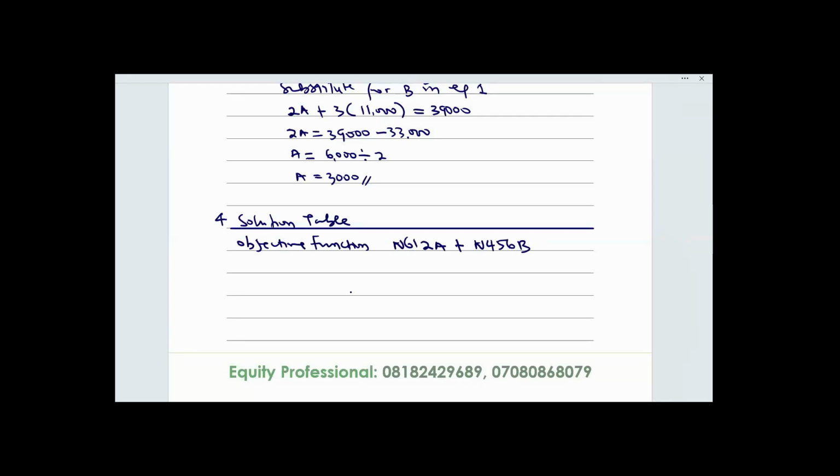You replace A and B with the quantity. So I will then say at point X, Y, Z, and then M.